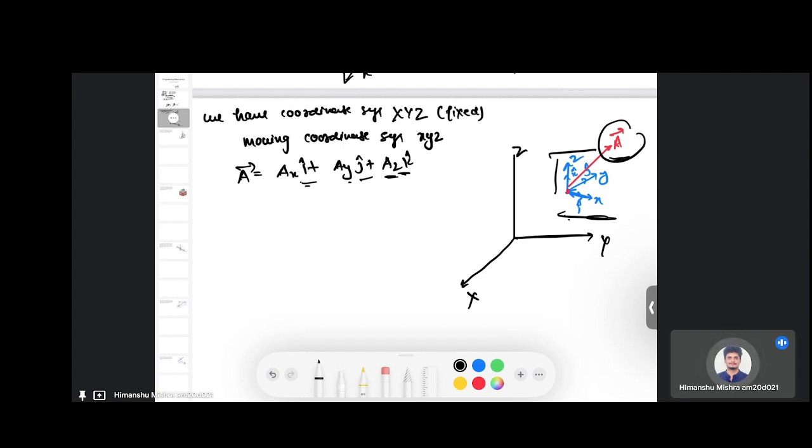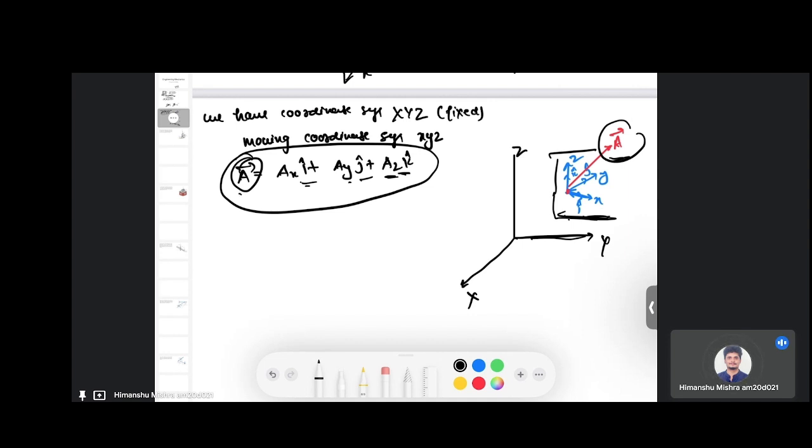Now, if I want to study the rate of change of this vector A in time, then I need to take its time derivative, right? But its time derivative should account for the change of magnitude of A as well as the direction of A. Also just note that capital X, Y, Z is the fixed frame, and this blue color small xyz frame is the moving frame.